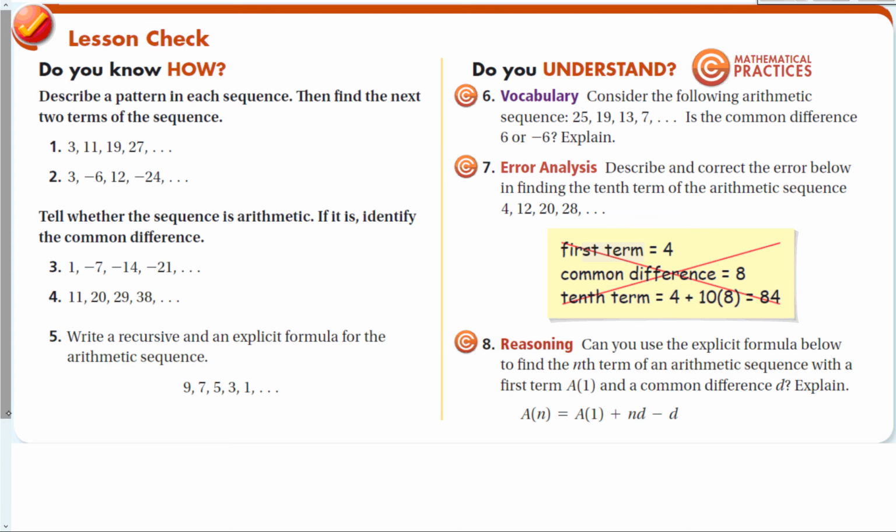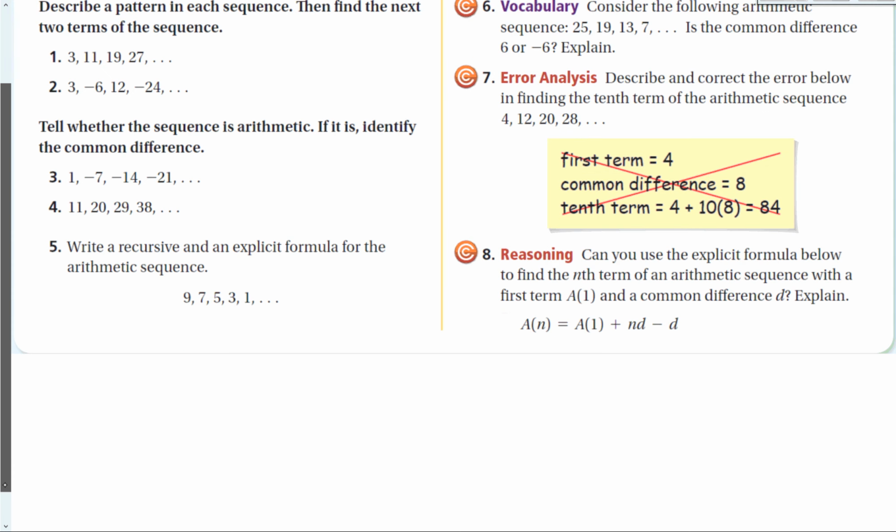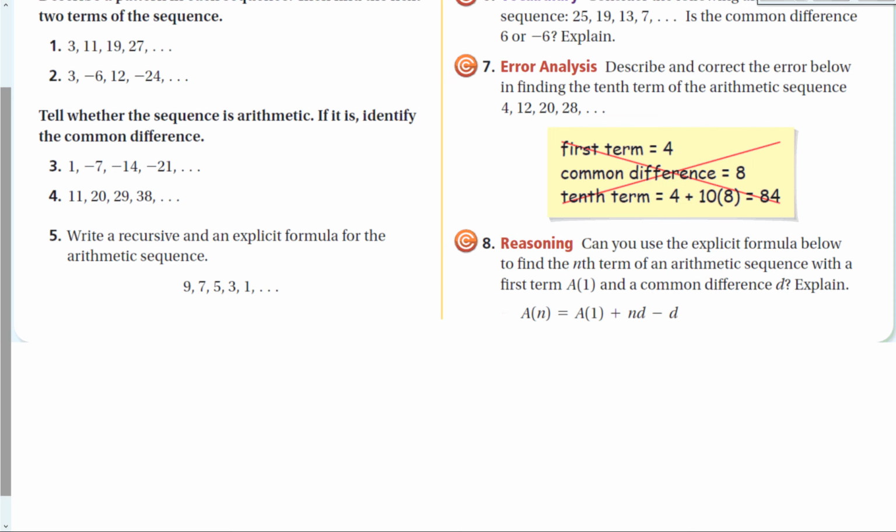So for number 5, to write a recursive and explicit formula for the arithmetic sequence, the recursive formula is: the first term is 9, and the next term is the previous term plus my common difference. Sorry, this is going to be -2, because my common difference is -2.